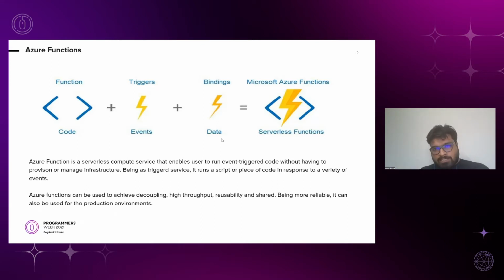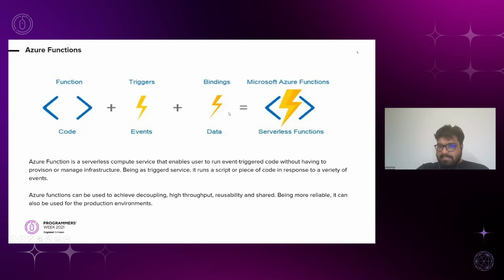When it comes to Azure Functions, there are a lot of triggers available. This function executes based on an event. When an event occurs, this function will start executing the business logic we have written inside. You can see from the image, the function is code, there is a trigger, and there is a binding of data. When we trigger the function, we have to pass some data to it.